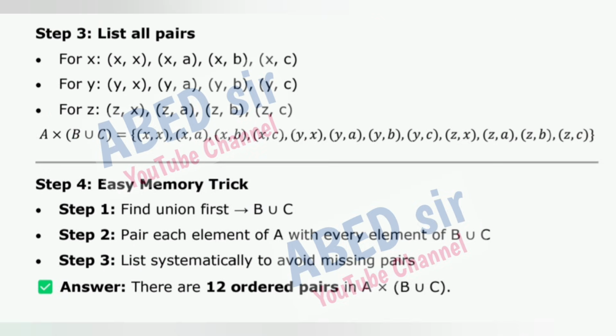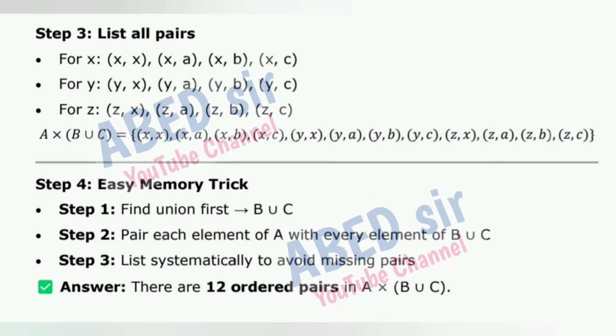Step 3. List all pairs. For x: (x, x), (x, a), (x, b), (x, c). For y: (y, x), (y, a), (y, b), (y, c). For z: (z, x), (z, a), (z, b), (z, c).